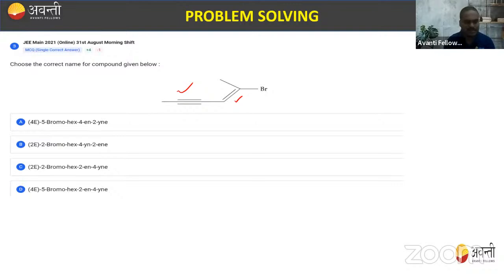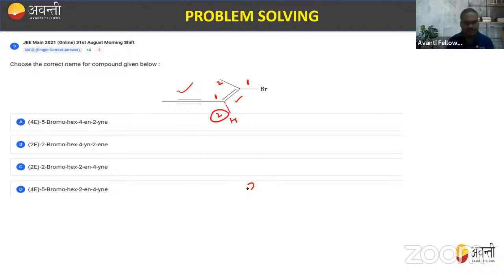So first prioritize the group according to the CIP rule. That is maximum molecular masses like this, right? So this thing we say this is one and this is two, right? Bromine and methyl. So bromine having the higher molecular mass. Similar we have here with this is the first compound and here we have hydrogen. So this is the second.